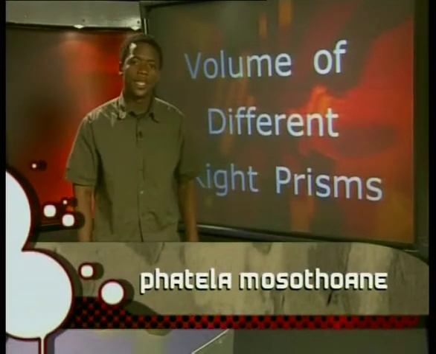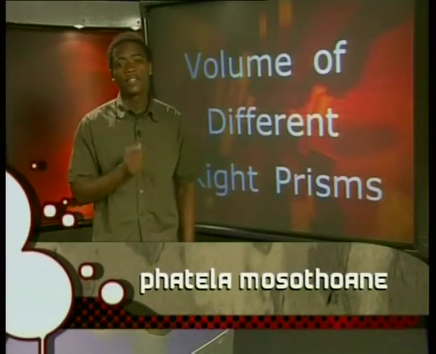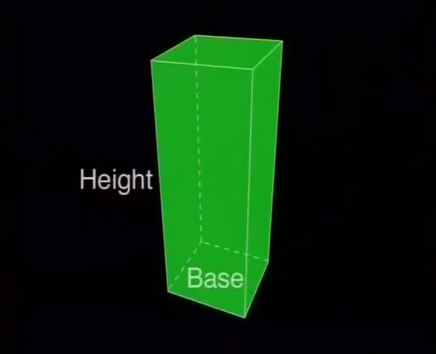In the past few lessons on volume, we have seen that to work out the volume of right prisms, we need to know two things. Firstly, the shape of the base of the solid, and then the perpendicular height of the solid.